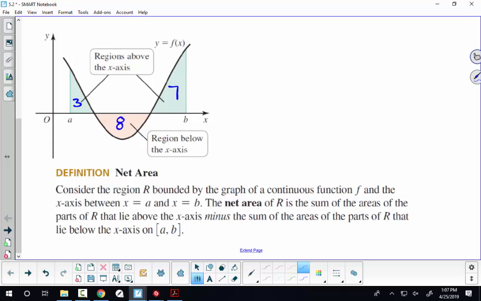So if we were to sum all the way from a to b of this function, we would have the area 3 plus the area 7 minus the area 8. This is above the x-axis, and this is below the x-axis.